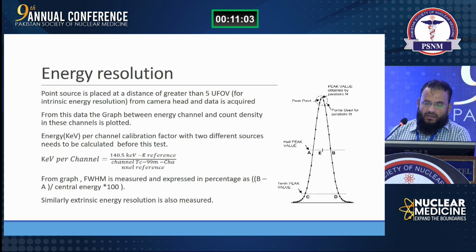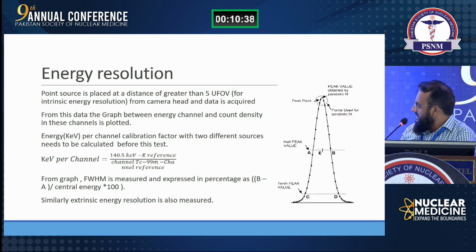First of all, what is energy resolution? It is the ability of a gamma camera to differentiate between photons with different energies. A point source is placed at a distance of greater than 5 UFOV from the camera head for intrinsic energy resolution, and data is acquired. From this data, a graph between energy channel and count density in the channel is plotted.